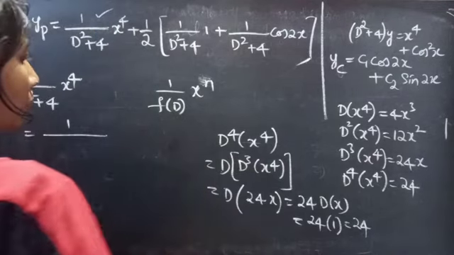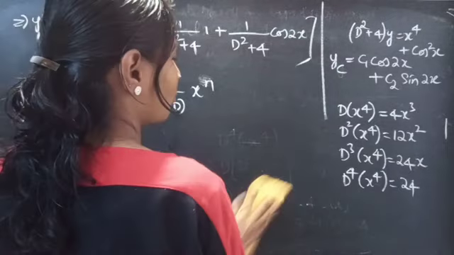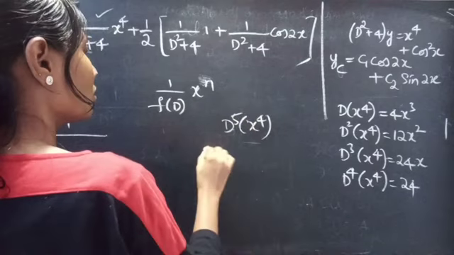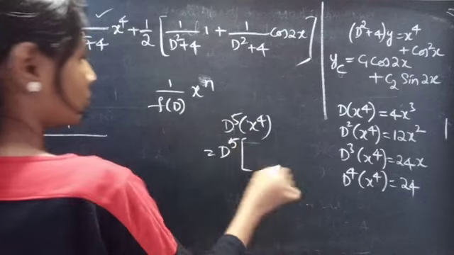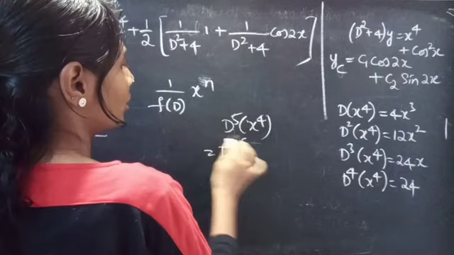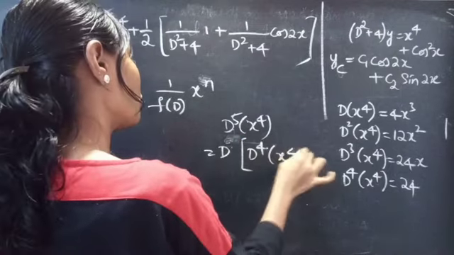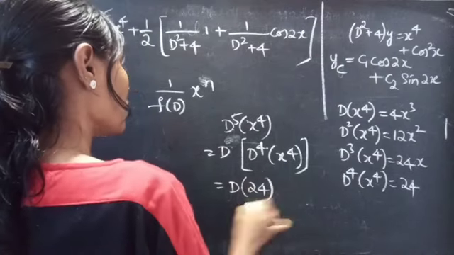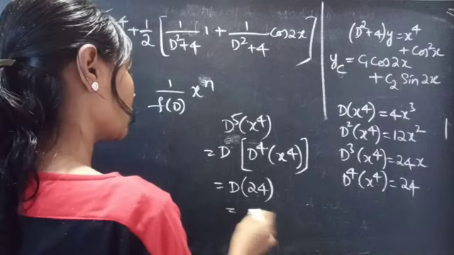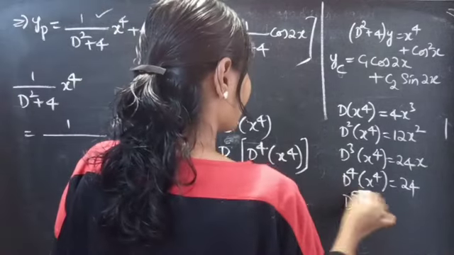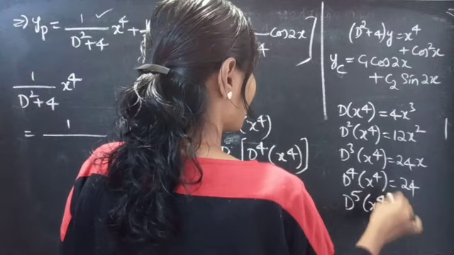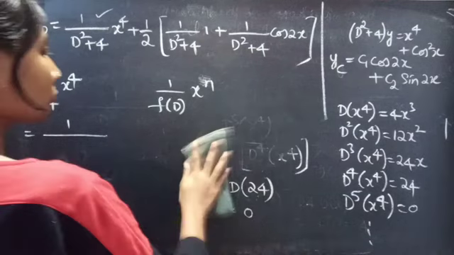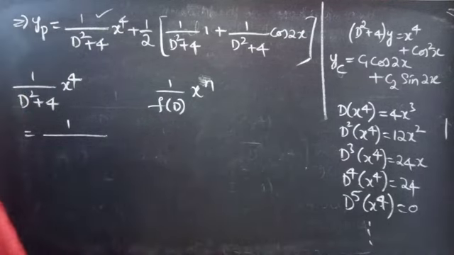Now we can find d power 5 of x power 4. This equals the derivative of d power 4 of x power 4. We have the value of d power 4 of x power 4, which is 24, and we know that the derivative of a constant with respect to x is 0. So d power 5 of x power 4 is 0. From here, all the higher derivatives of x power 4 are 0.